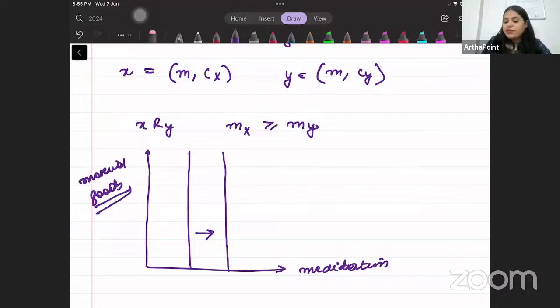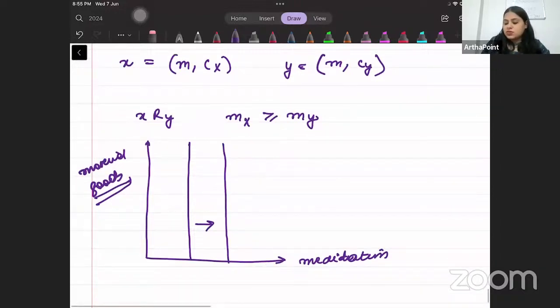Then these kinds of preferences are non-convex, because for convexity, I need that weighted averages should be preferred over extremes. So if my ICs are vertical or horizontal lines, these are non-convex.